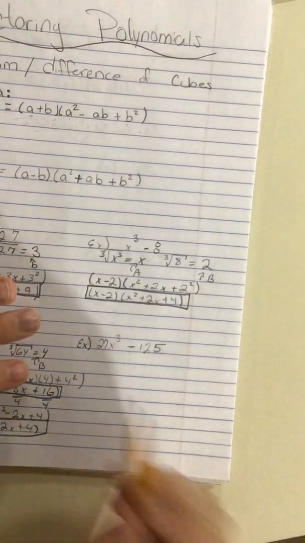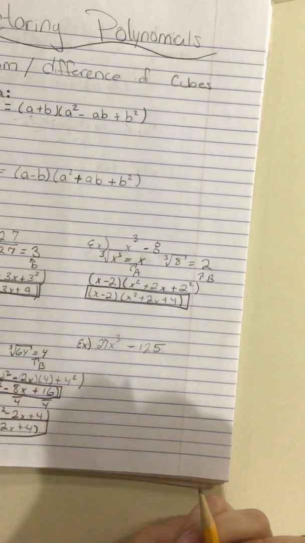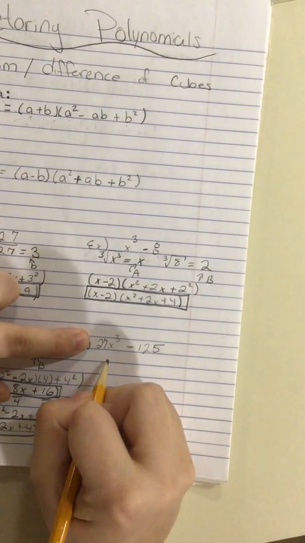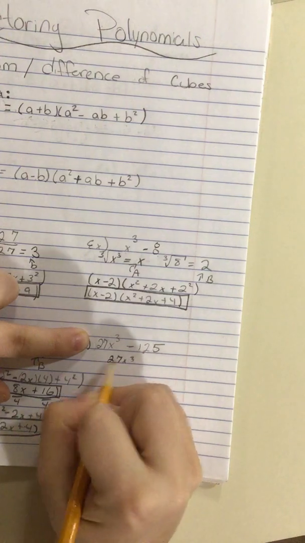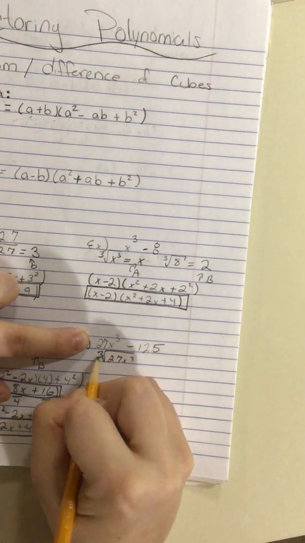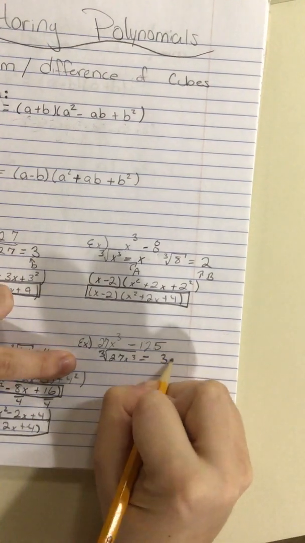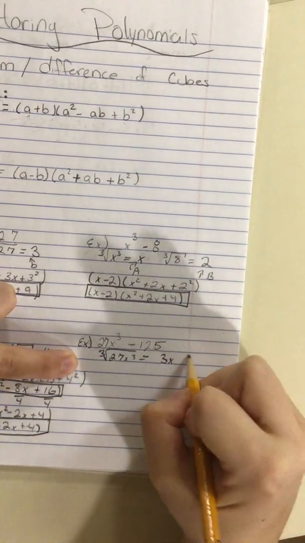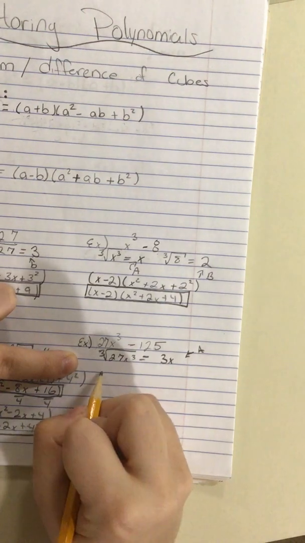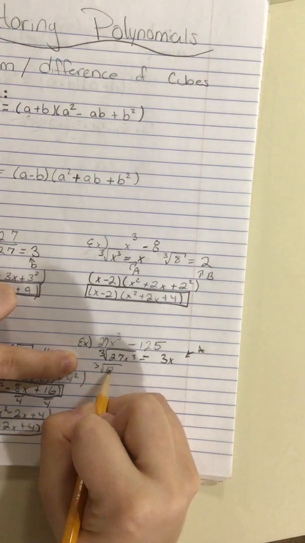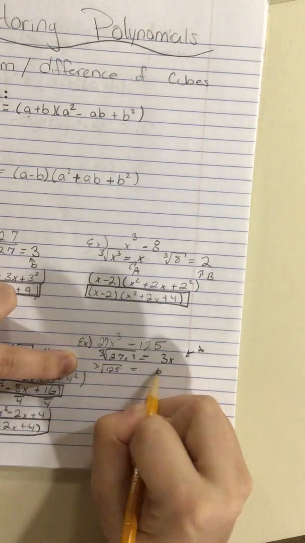Okay, we have one last example. Again, what we want to do is take the cube root of this. So 27x cubed, take the cube root of that, and we get 3x. Okay, this is our a. Take the cube root of 125, which gives us 5.